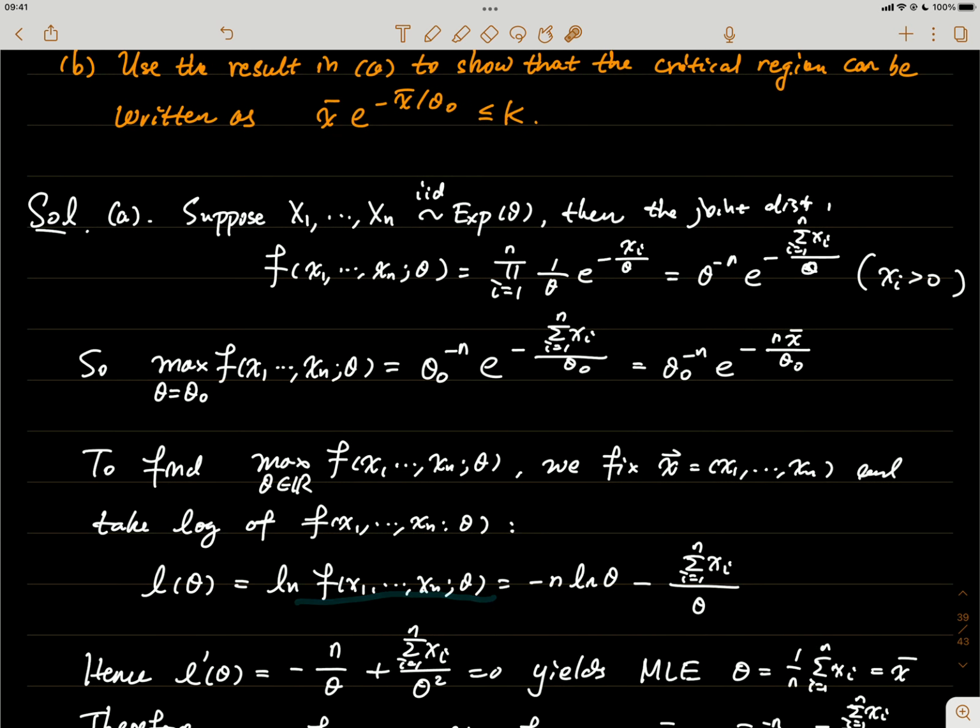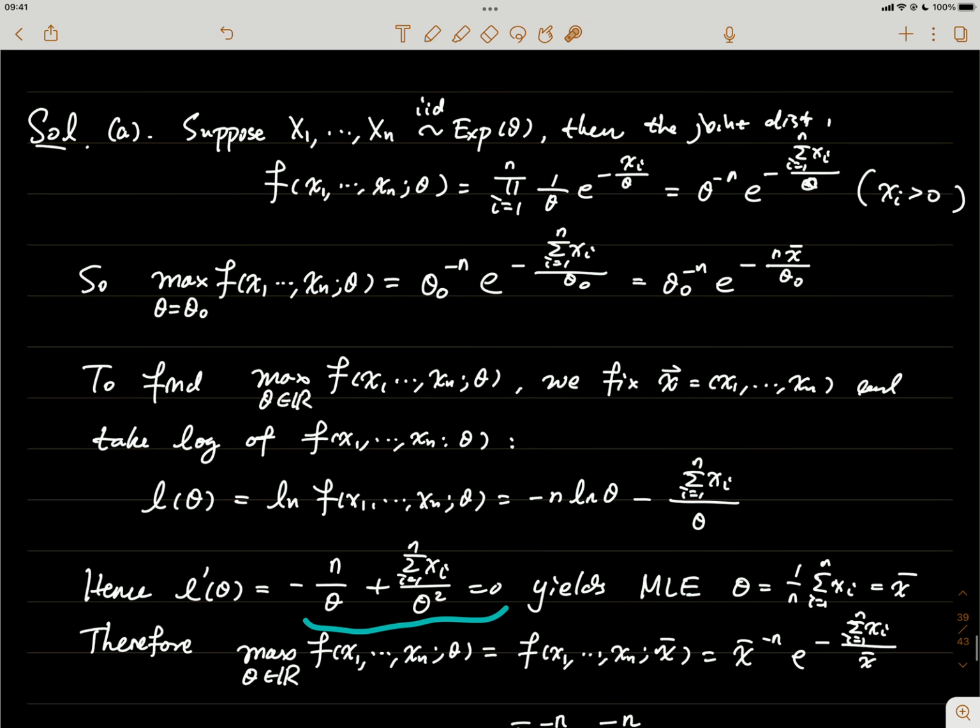Taking the logarithm of this joint distribution, we get this. We can choose theta from any real value, so the best theta is the maximizer, which is a critical point of this log likelihood function. Setting the derivative to 0, theta turns out to be the sample mean.